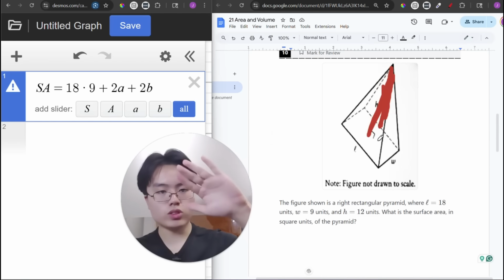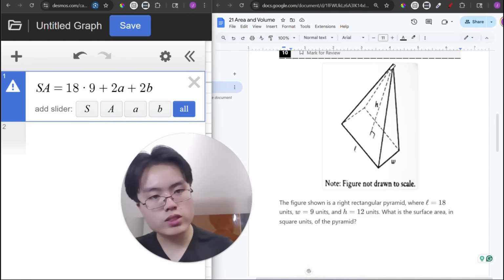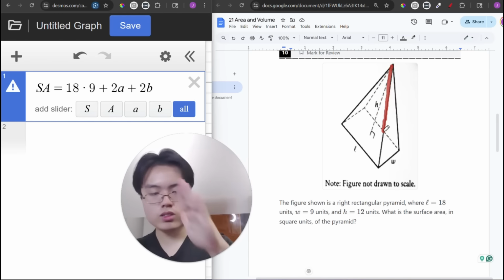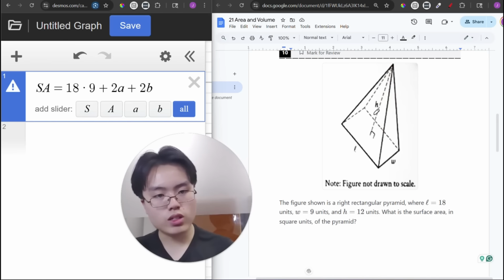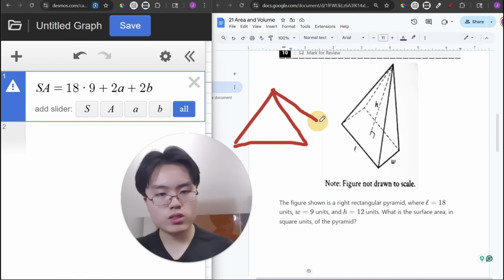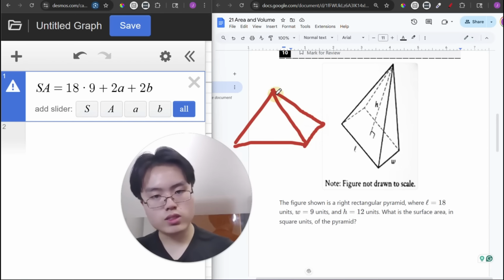It's not on the same dimension, so you have to actually find it. This is called the slant height. So how do we actually get the slant height?